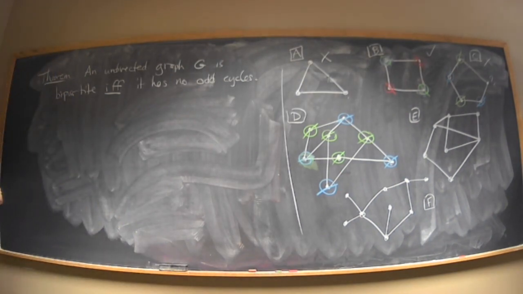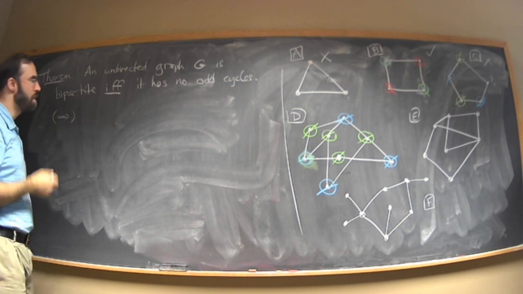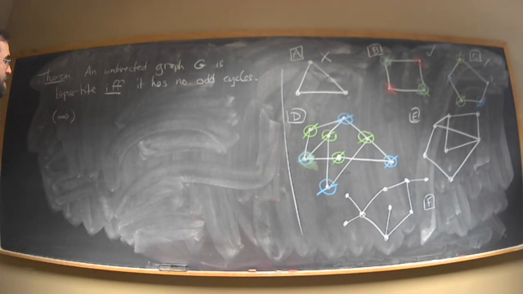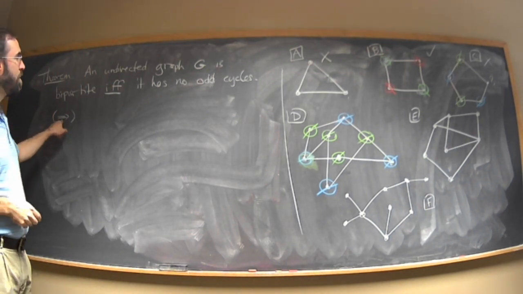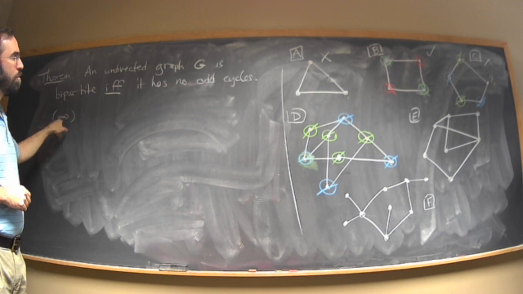Okay. So this is an if and only if, so we need to prove two different directions, right? One direction is pretty easy. This direction says if a graph is bipartite, then it has no odd cycles. I claim this one is not very hard to see.